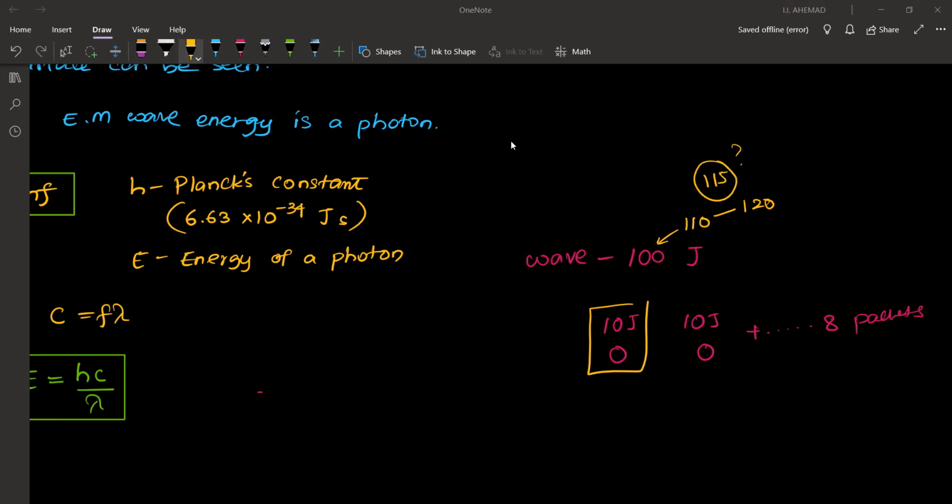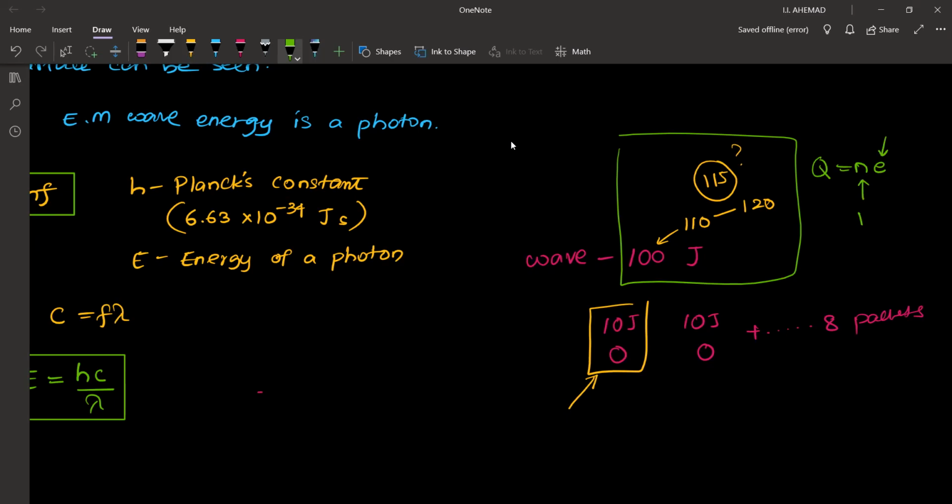So just like that, this energy is divided into small units. If some physical quantity can be written as Q is equal to N times E, that means E is the fundamental, the smallest value, and N is an integer, and Q is the quantity.